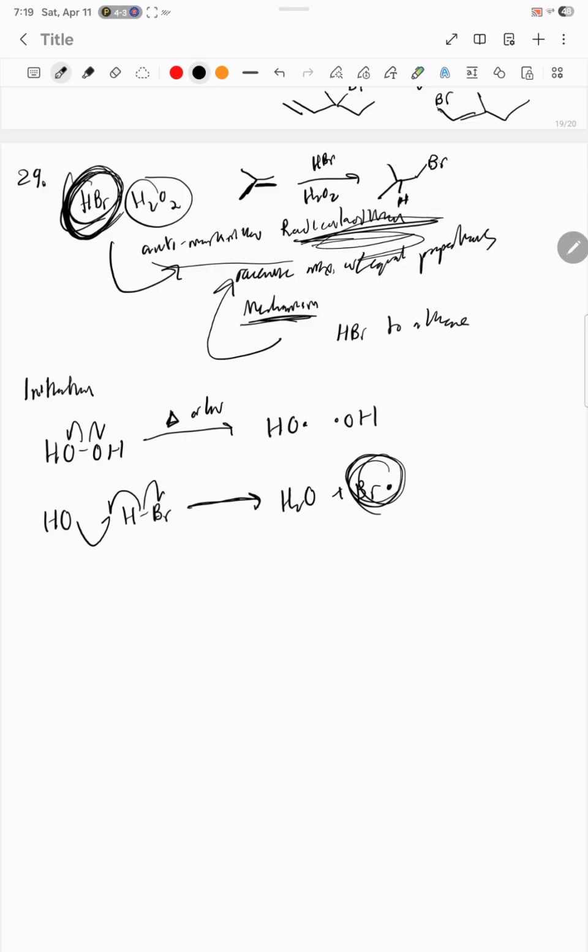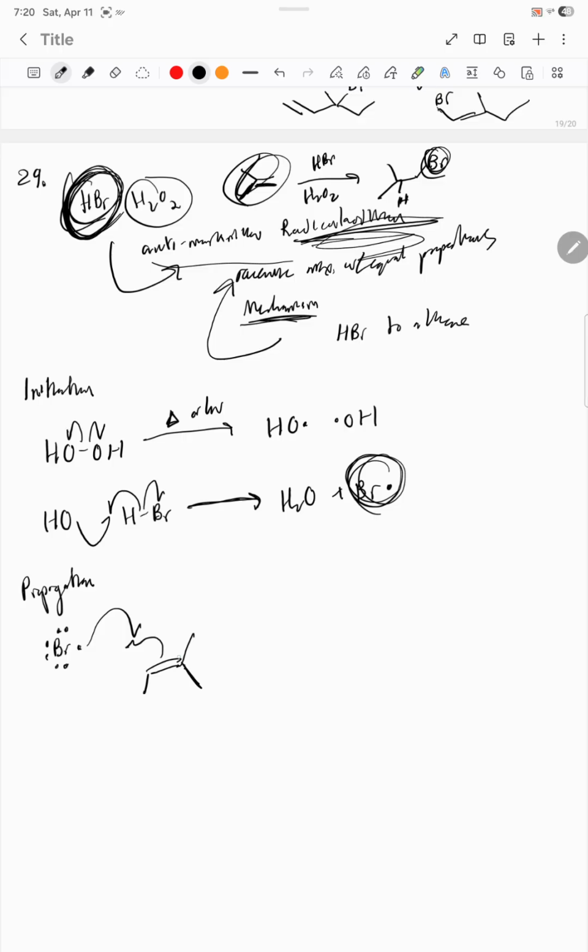So if we want the Br to end up on the less substituted carbon, we will move on to propagation. That's the jumping of electrons. If we had a Br with an unpaired electron, this is reactive. What would it like to react with? Let's say this was a starting molecule. It will jump like this, and this alkene will jump like that.